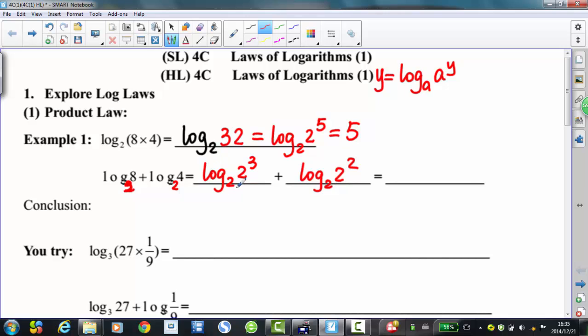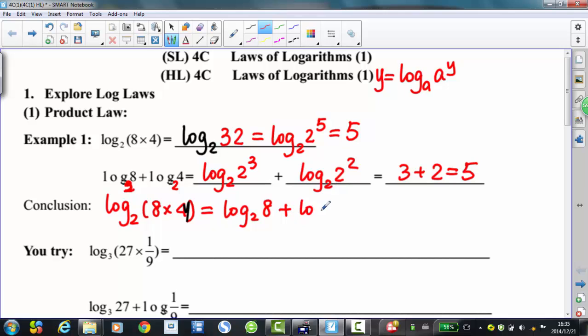So based on our identity, the first log is just 3, and the second log is 2. So 3 plus 2 is 5. So right now we find that this top log is the same as the log below. So log 2, brackets 8 times 4, is equal to log 2, 8 plus log 2, 4.